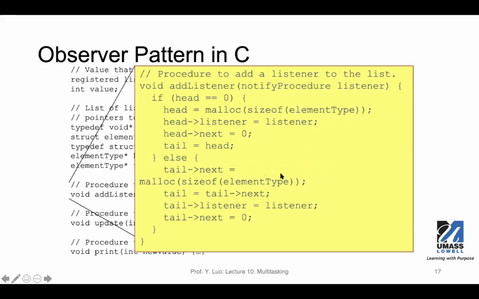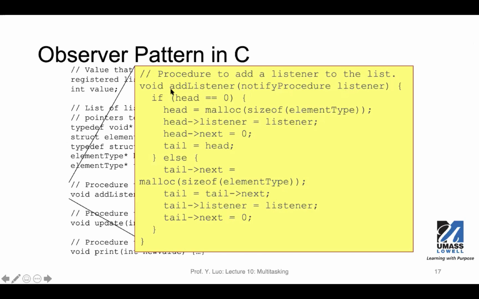Okay. And for the add listener procedure, this is what we're going to do. We're going to take this function pointer as the argument. Basically, we want to add another node and then initialize the node so that it points to this listener function.